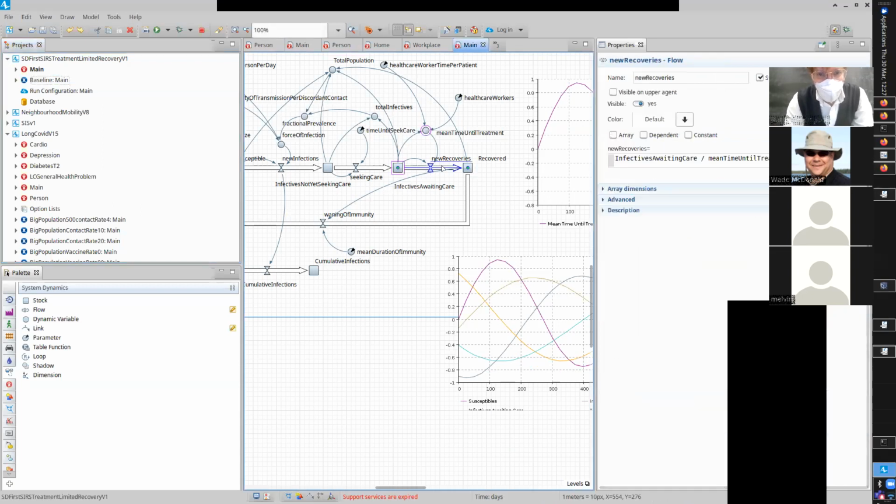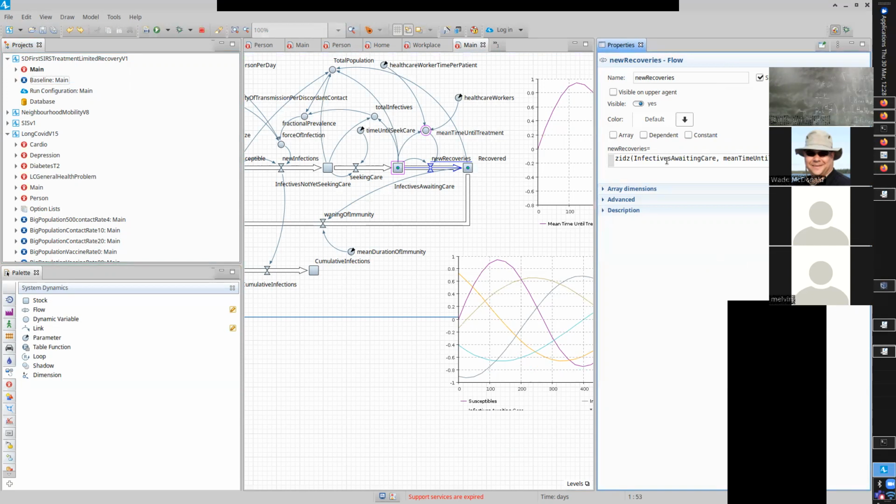So there is a construct in AnyLogic and commonly in system dynamics called ZIDZ. It basically means divide one thing by another, except if the denominator is 0, in which case make it 0. In this case, if the number of infectives is 0 and awaiting care is 0, the mean time until treatment will also be 0.